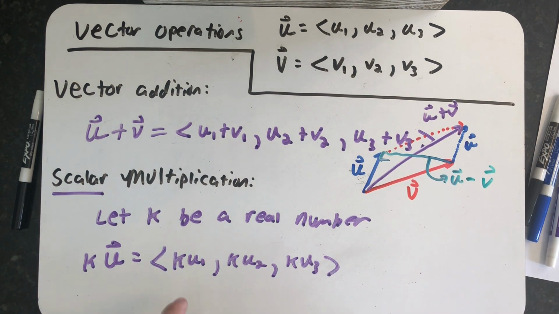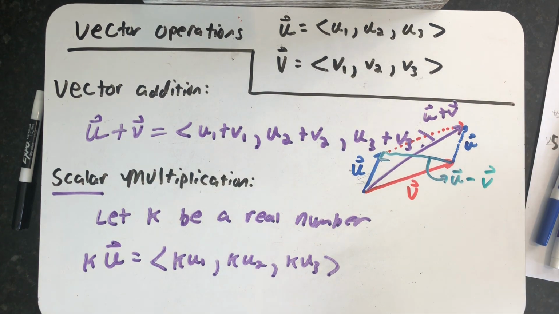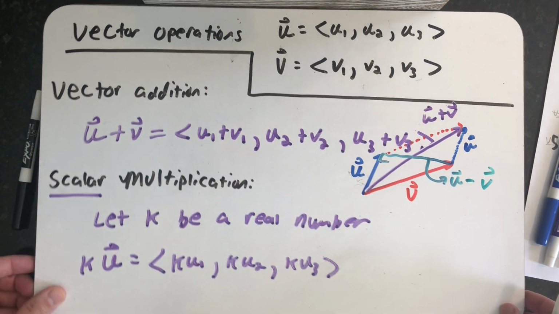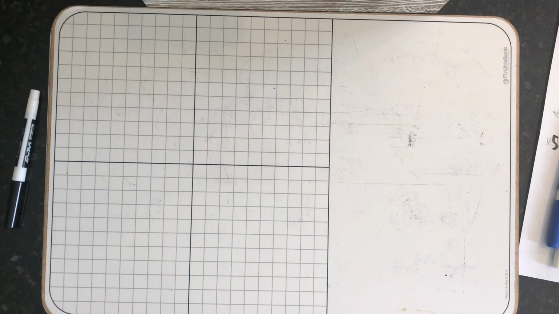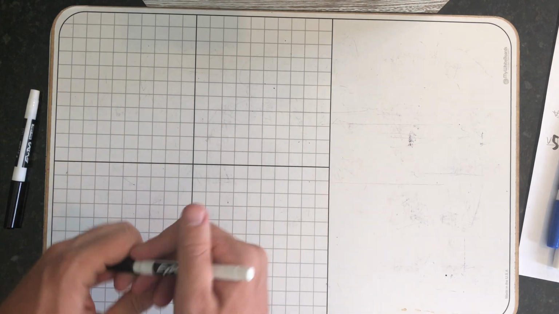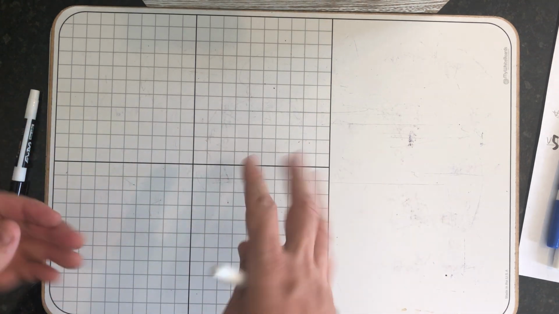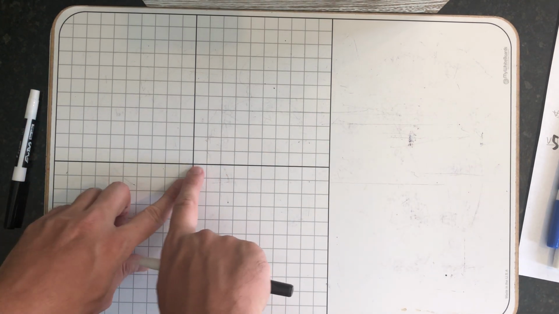Okay, let's do one more example, but this time just thinking about scalar multiplication. So let's just make up a vector and then multiply it by a constant. We've already multiplied a vector by minus 1, and we saw that it changed the direction to exactly the opposite.